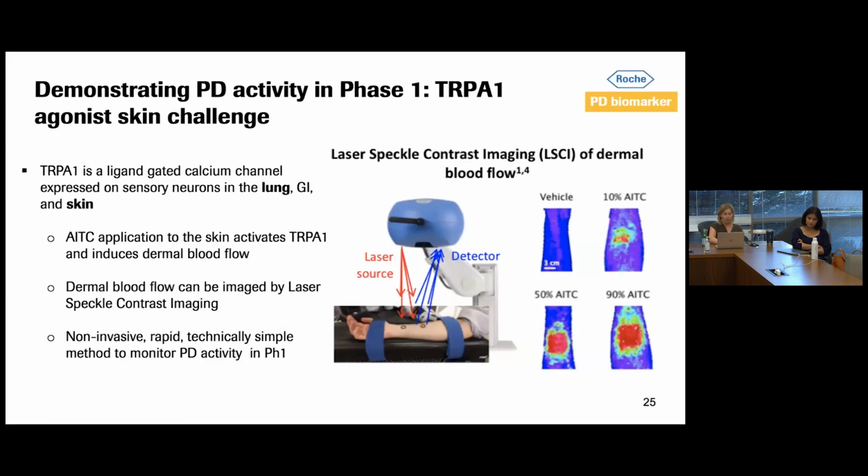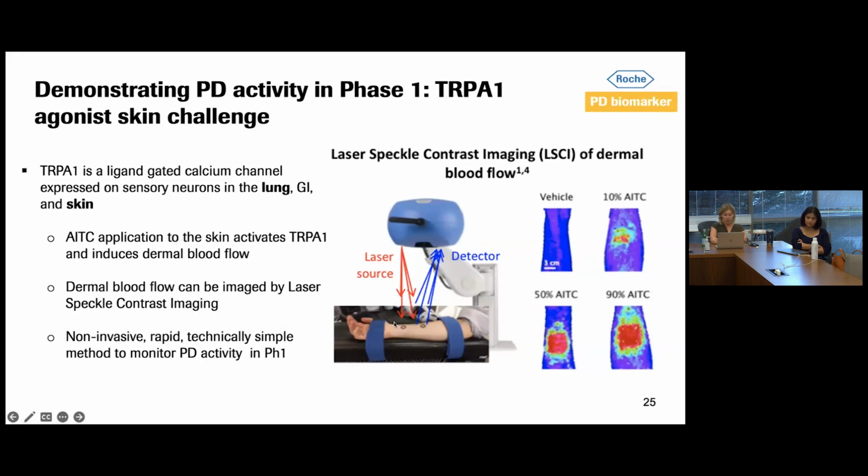And so in our early development studies in phase 1, we leveraged the fact that we can stimulate this channel by applying this irritant, AITC, on the skin, which will result in a little bit of redness and swelling. You can see here images of that taken with this laser speckle contrast imaging tool.